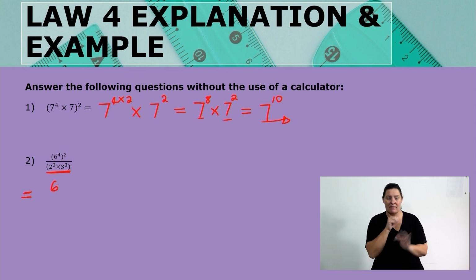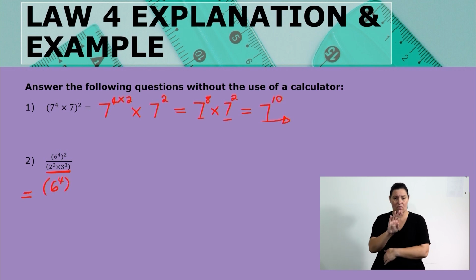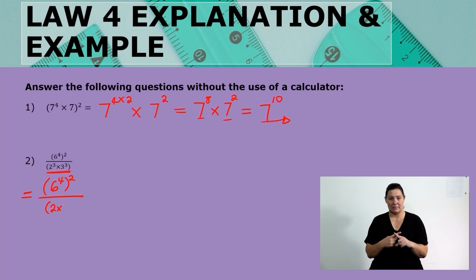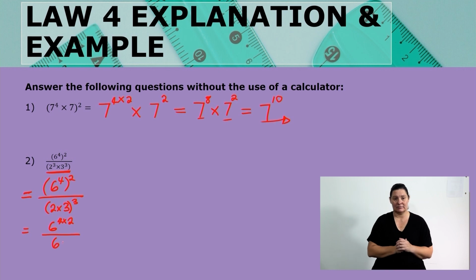So if I have 6 to the exponent 4, and I say there that is 2 times 3, and that product is raised to the exponent 3. This means that I can say 6, and we know that according to the laws that we've learned, that will be 4 multiplied by 2. And this is divided by 6, and that is going to be to the exponent 3.